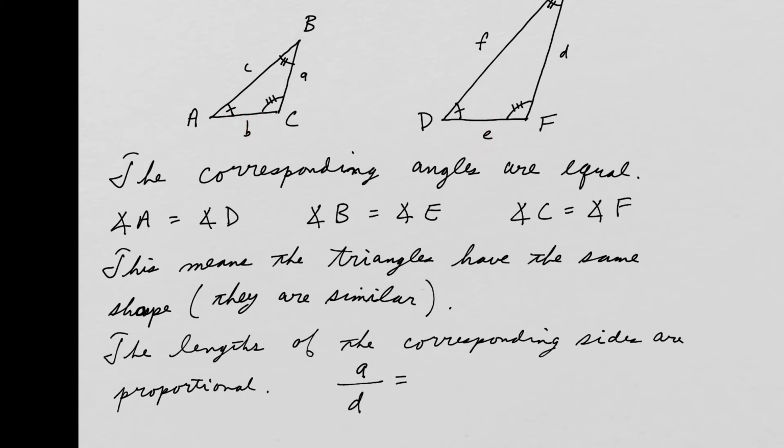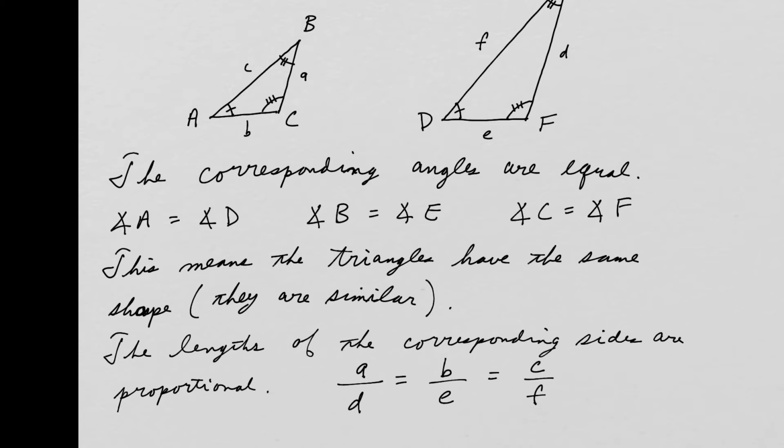That's the E here, right? So it equals B over E. And that ratio is equal to, again, if I come back here, this is going to be C, that corresponds to F. So it's equal to C over F. Right? Remember, proportional means that two ratios are equal to one another.